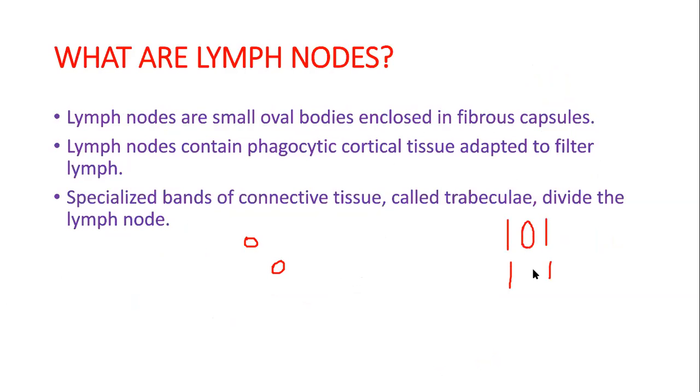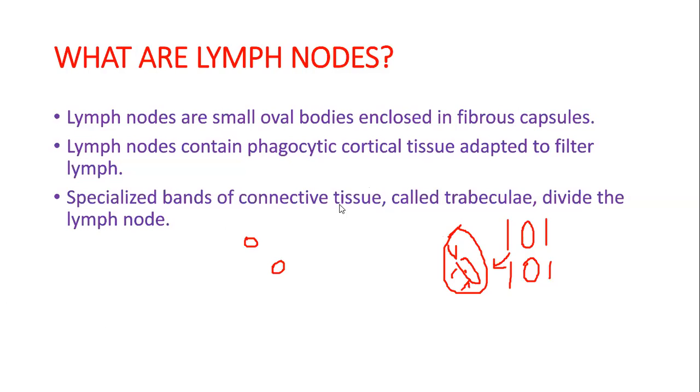Whenever the plasma is oozing out, there might be bacteria also entering the lymph. Now, what will happen? The lymph node actually has a function. It filters as well as kills the microorganism. It is phagocytic in action.